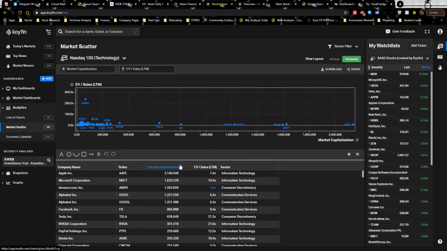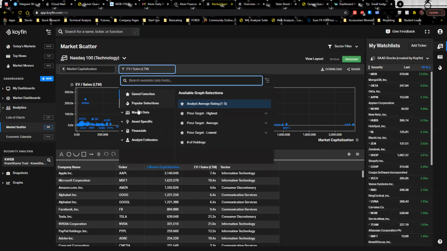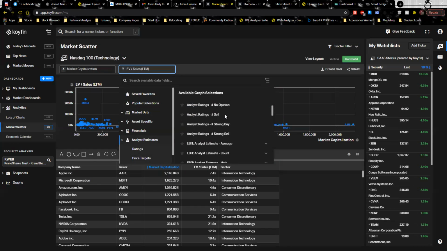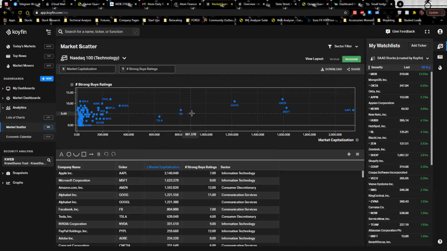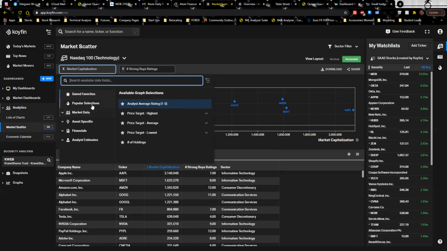So for instance, here you can use this and search by market cap and then the EV per sales, but you can switch it and say maybe I want to do it by analyst estimates, who all has strong buys by market cap. Or maybe you change it by something else.